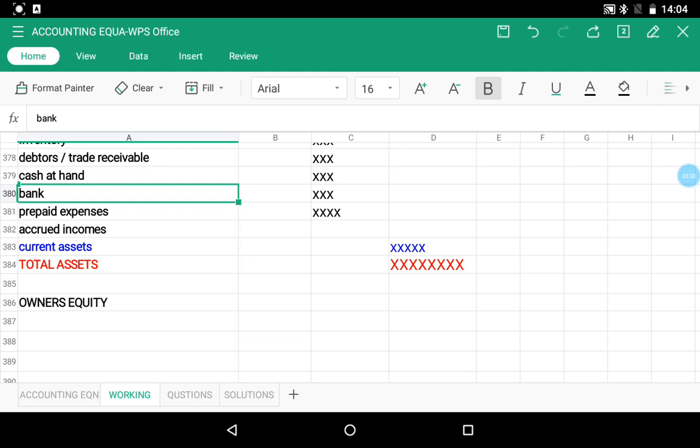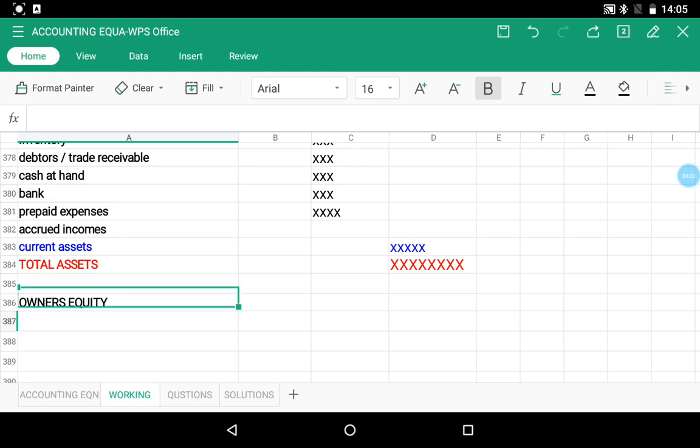When you find bank on credit side, just know that one is an overdraft. You need to pay that money, so that one is recorded under current liabilities. But when it is bank on debit side, that one is money you have in the bank. It is recorded under current assets here.